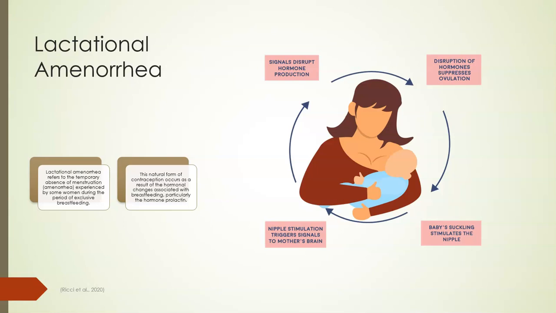Releasing the egg from the ovaries is called ovulation. So, prolactin reduces FSH, which is follicle stimulating hormone, and LH, which is luteinizing hormone, which is responsible for releasing the egg, hence reducing the chance of getting pregnant, right?